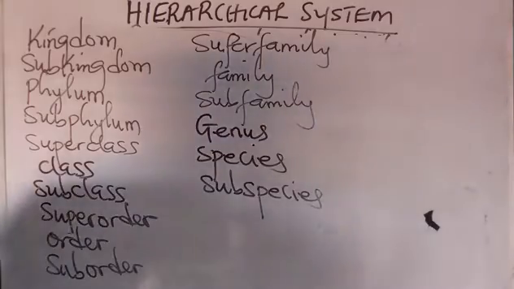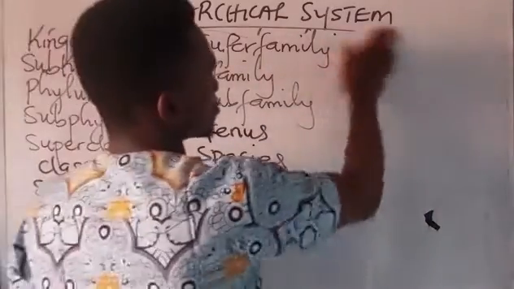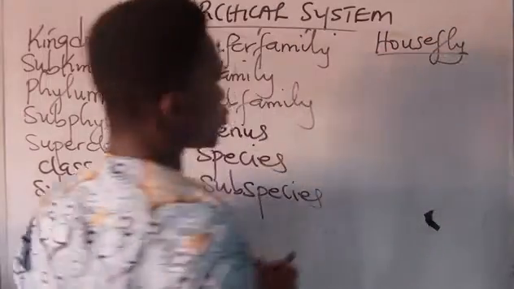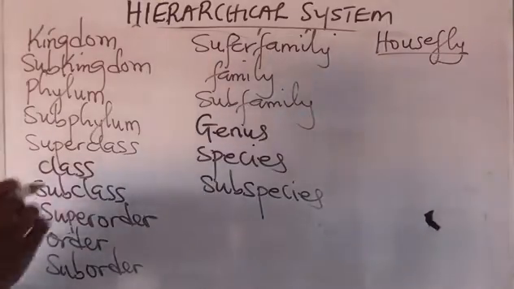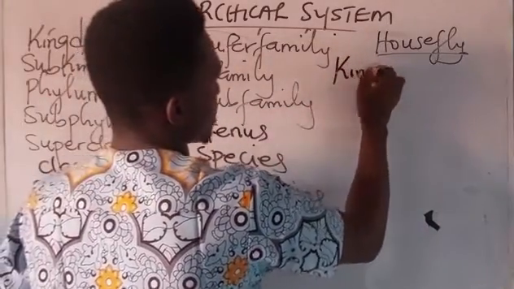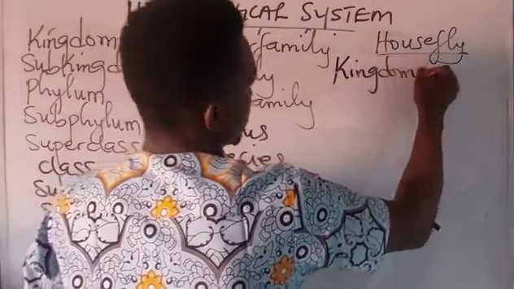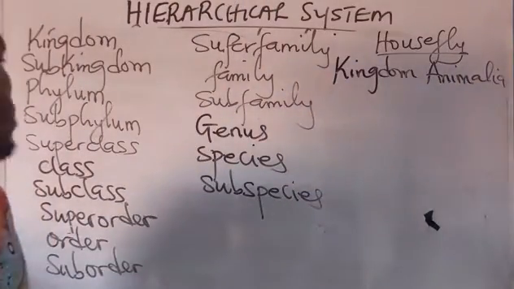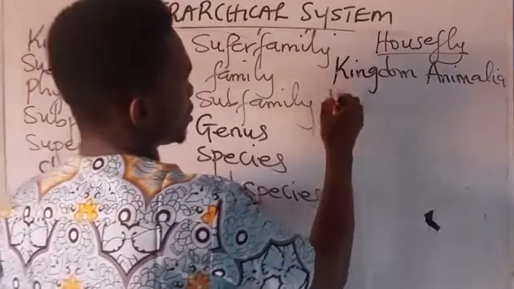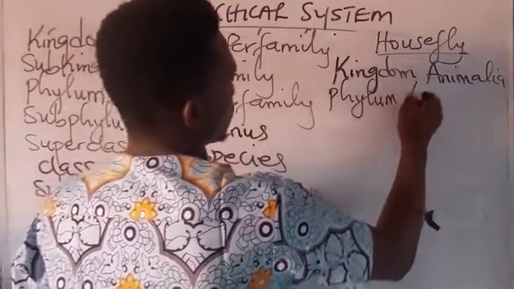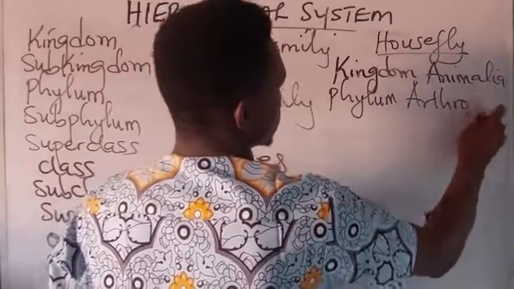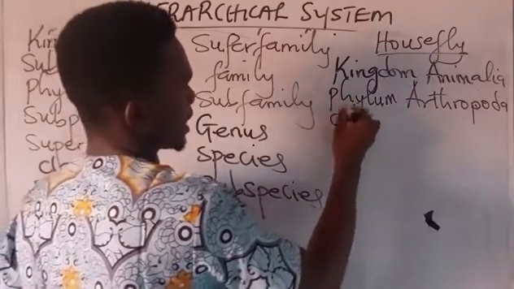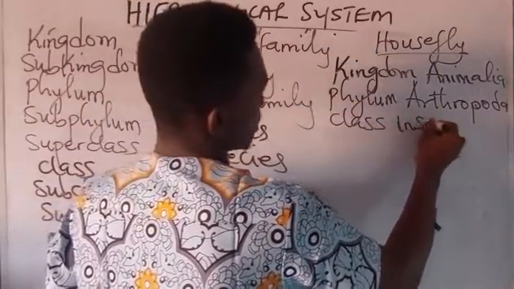For example, if I were to classify the housefly, how do I classify it? Of course, the housefly is an animal, so the kingdom is Animalia. Then phylum Arthropoda. King Philip can. Then class Insecta.